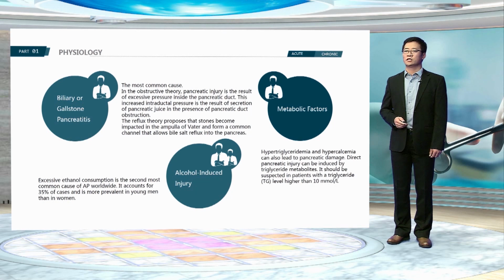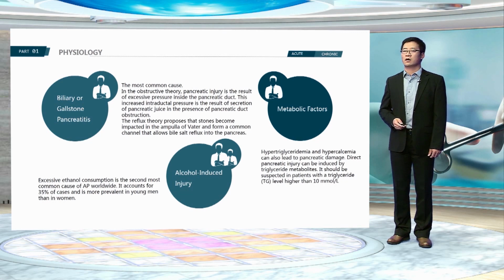This increased intraductal pressure is a result of secretion of pancreatic juice in the presence of pancreatic duct obstruction. The reflux theory proposes that a stone becomes impacted at the ampulla of Vater and forms a common channel that allows bile salt reflux into the pancreas.